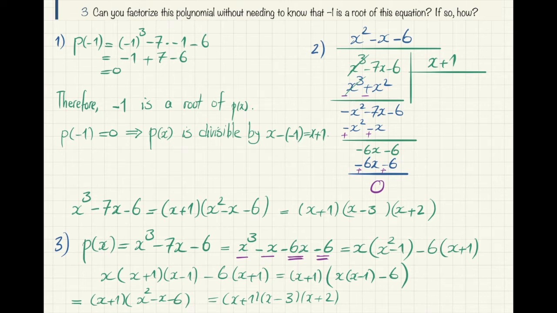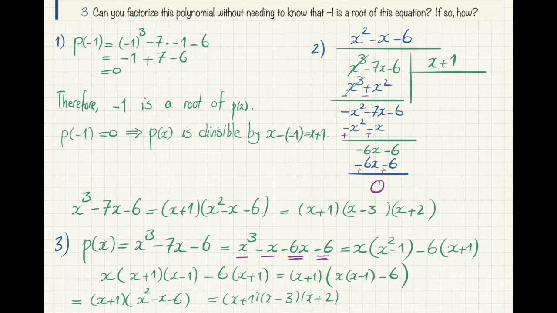By the way, before leaving this page, let me draw your attention to a very interesting point. I'm teaching you a very nice trick. You see here, if I wanted to solve the problem in this way, I realized that I have to break the middle term minus 7x into minus x minus 6x.